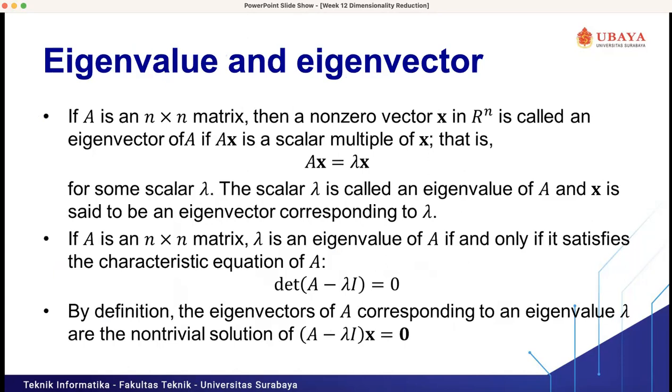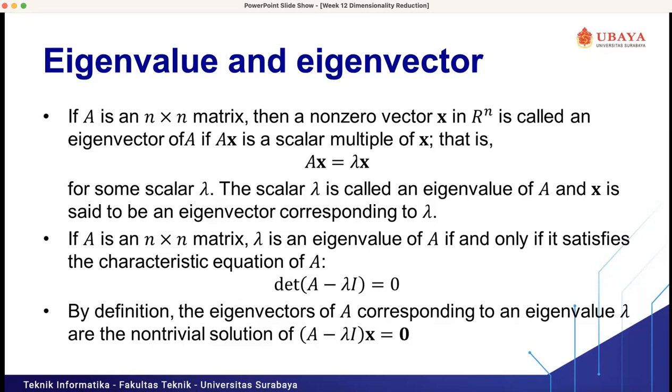Then a non-zero vector x in real numbers is called an eigenvector of A if Ax is a scalar multiple of x. So A is a matrix, x is a vector, and lambda is a scalar value.